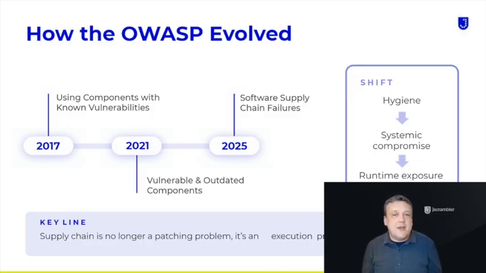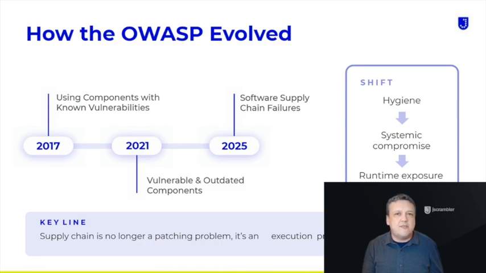And the scope has expanded dramatically. It's not just about what's in your node modules or your Maven Central repository. It's about what happens when those components arrive in your application, how they execute in the browser or on your servers, what security controls surround them, and how attackers can manipulate the supply chain itself.